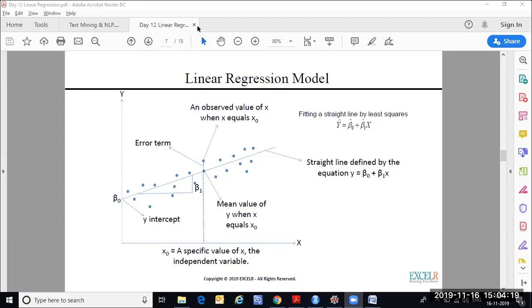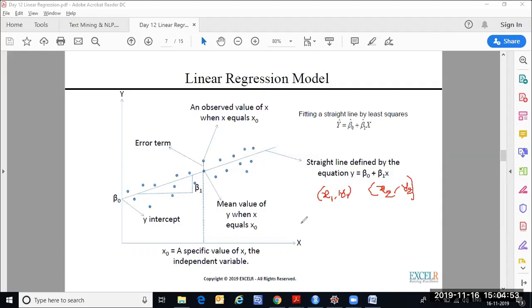Let's say we have x1, y1, and x2, y2. How do we calculate the distance between these two data points?